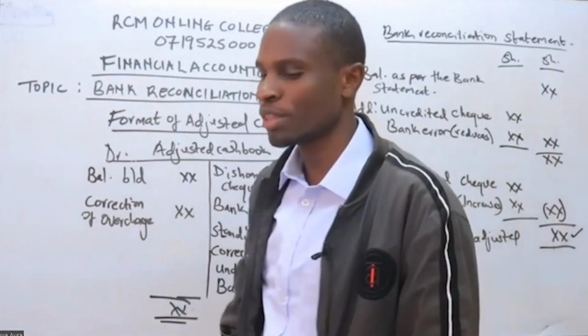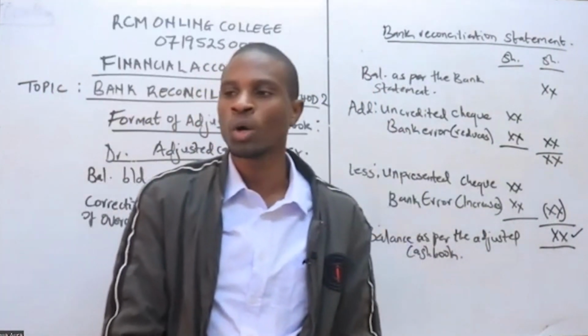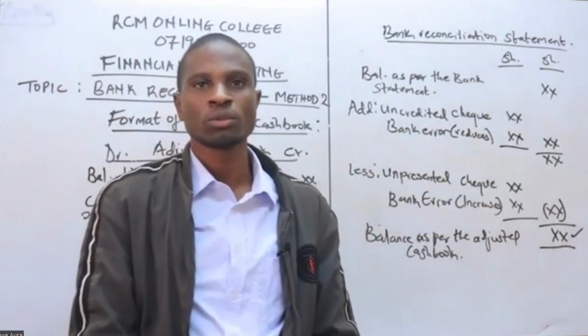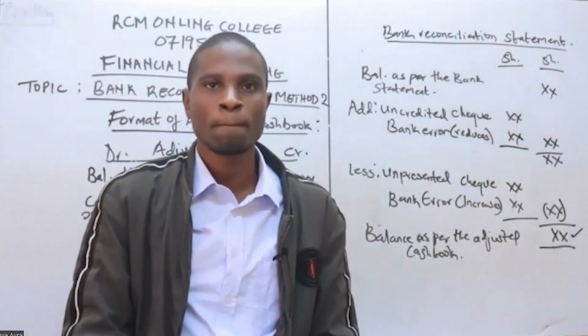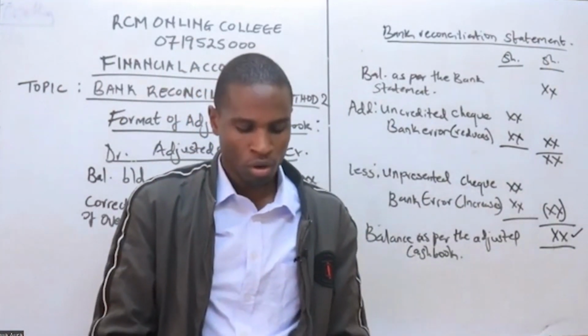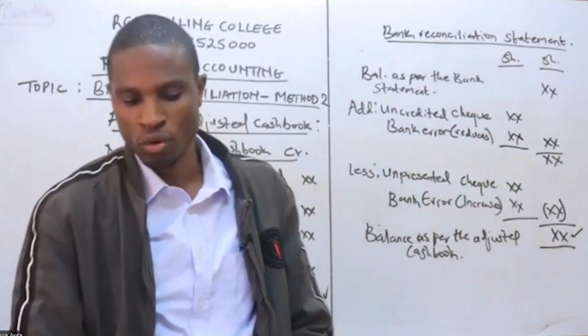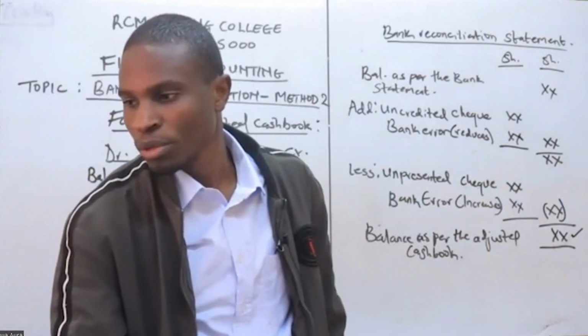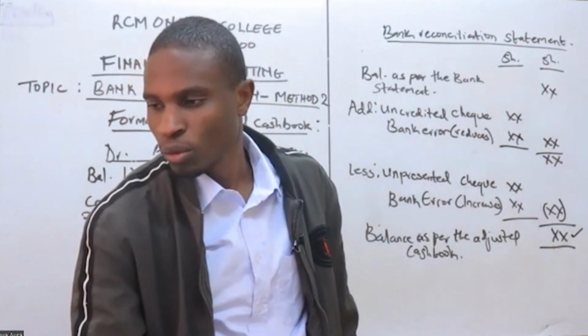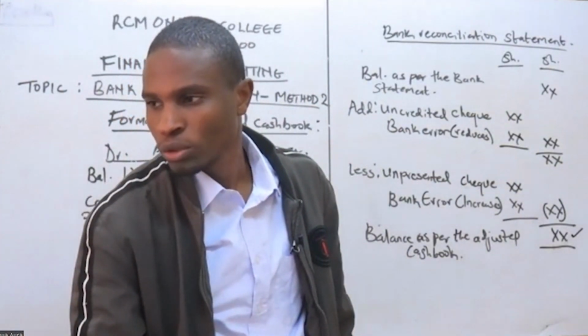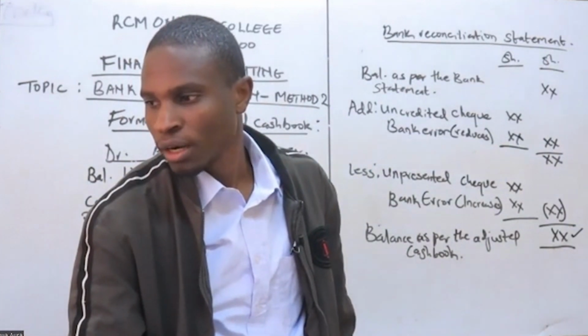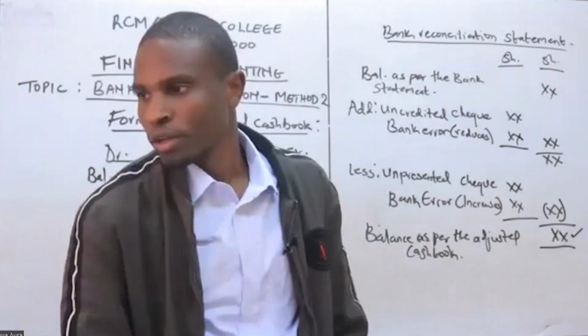So I would like us to do an illustration to make us understand more on how we should do this. Allow me to share a question that we shall tackle.